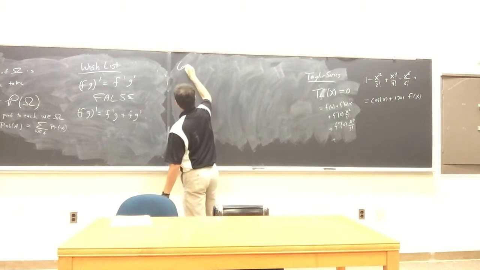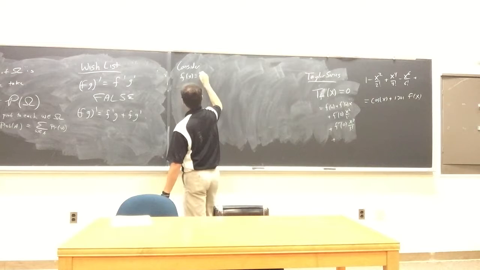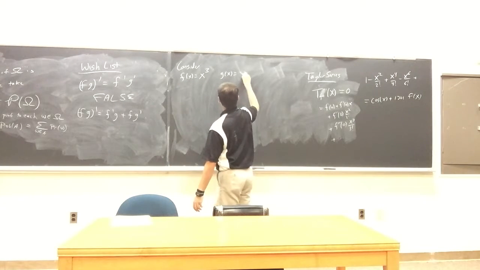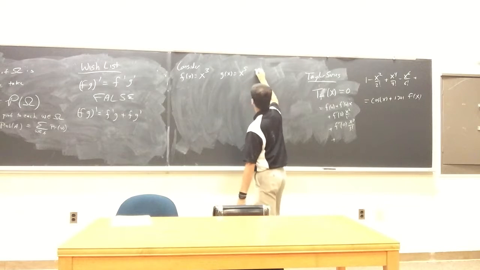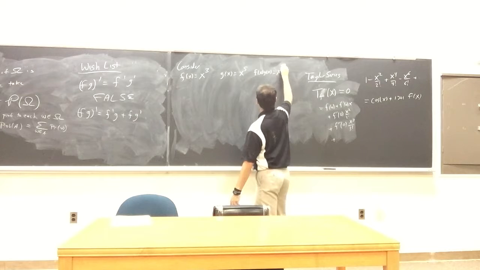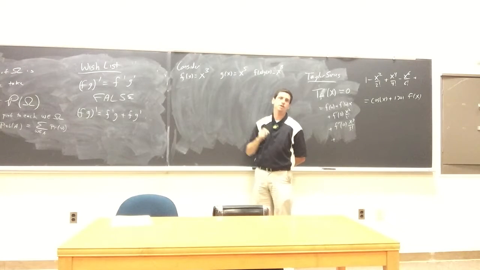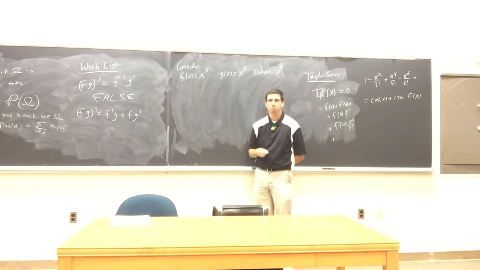So consider nice functions. f(x) is, say, x cubed. g(x) is x to the 5th. And then f(x)g(x) would be x to the 8th. I could do more generally n, m, and n plus m. Let's just use specific numbers.